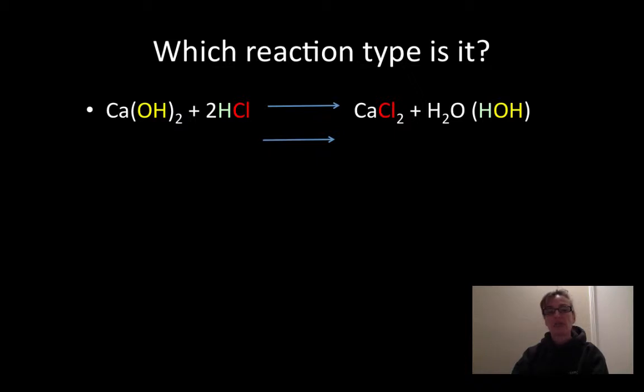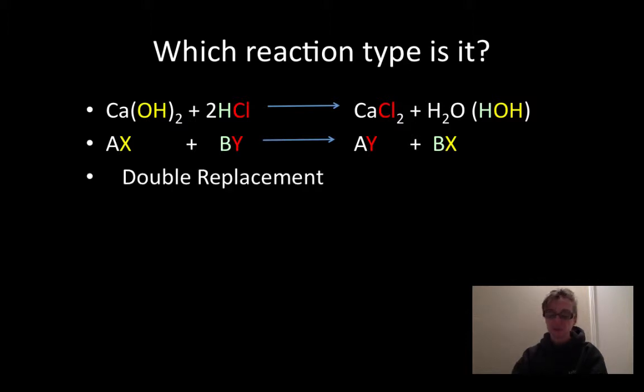Here I have calcium hydroxide reacts with hydrochloric acid or hydrogen chloride to form calcium chloride and water. So here I have 2 compounds forming 2 new compounds. So this follows the symbolic representation of a double replacement reaction.